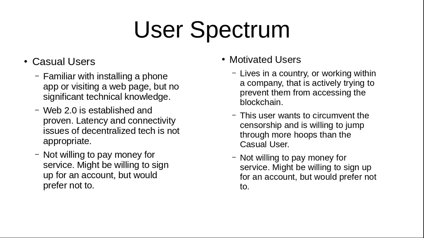And then on the other end of the spectrum are motivated users. They probably live in a country or they're working within a company that is actively trying to prevent them from accessing the blockchain. These users want to circumvent this censorship, and so they're willing to jump through more hoops than the casual user is. But like the casual user, they're also not willing to pay money for service. They might be willing to sign up for an account, but would prefer not to.